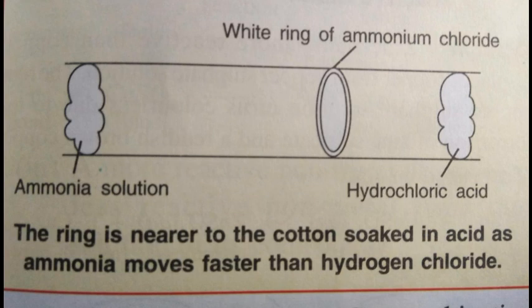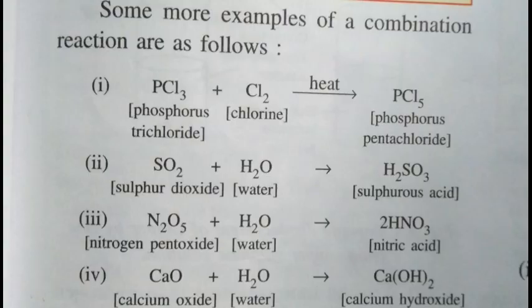After a few minutes, you will observe a white ring in the test tube which is of ammonium chloride formed due to the combination of ammonia and hydrogen chloride gases. Here in this picture you can see the ring is nearer to the cotton soaked in acid as ammonia moves faster than hydrogen chloride.